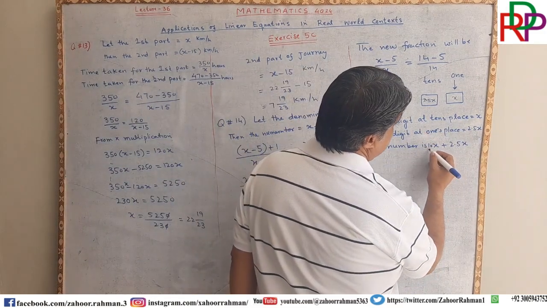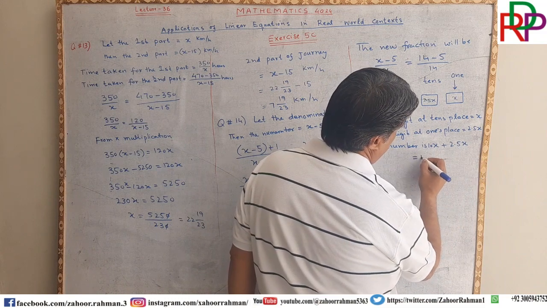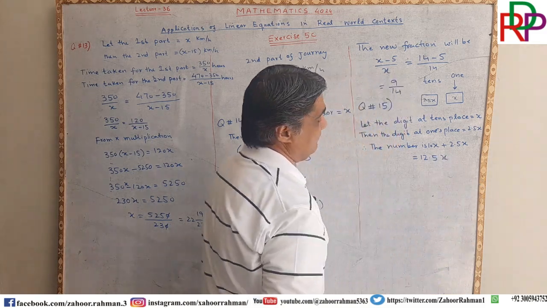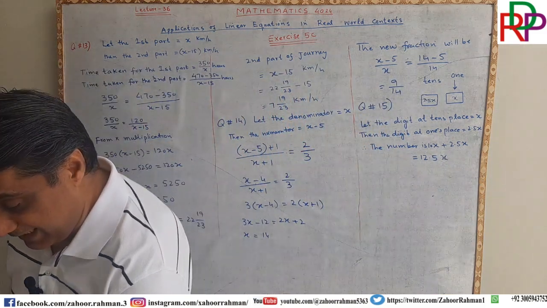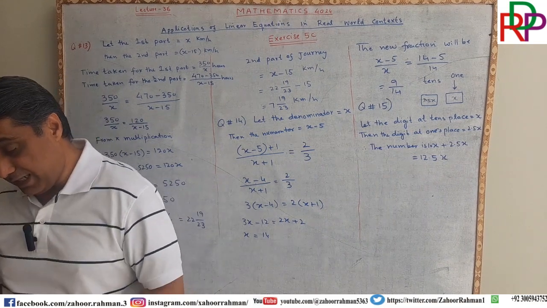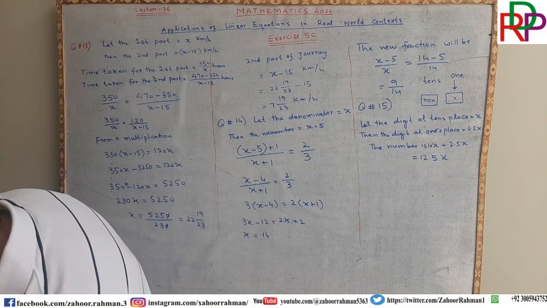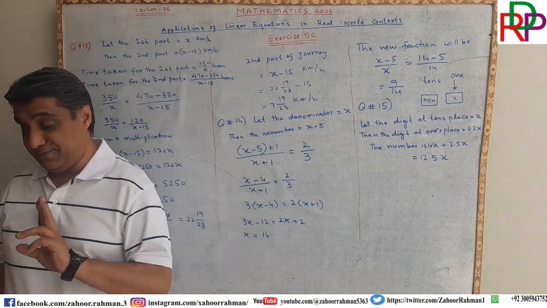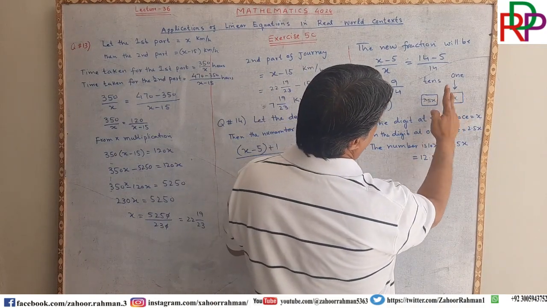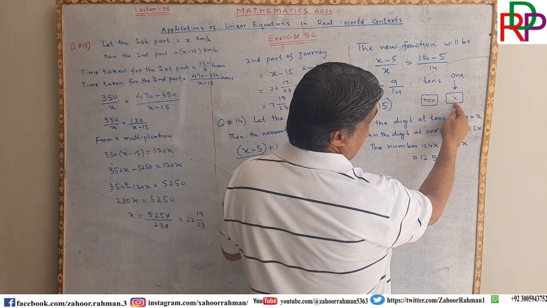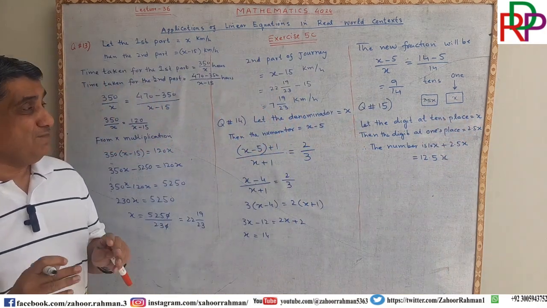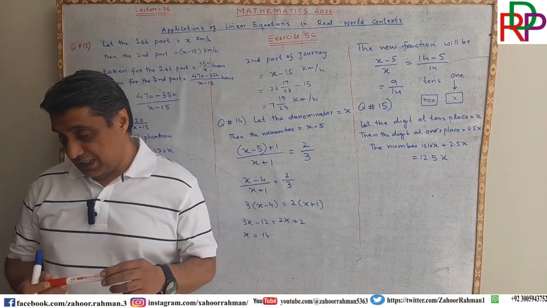So this is 10x plus 2.5x, which will be equal to 12.5x. Now the question further is saying that we consider the number when the digits are reversed. When these digits are reversed, this will go to the tens place and this will go to the ones place, and we have to find the difference.